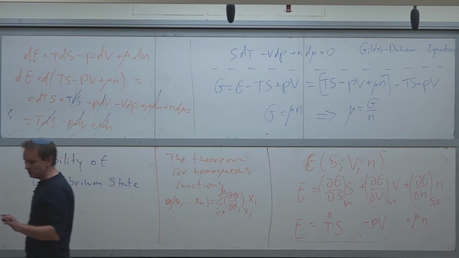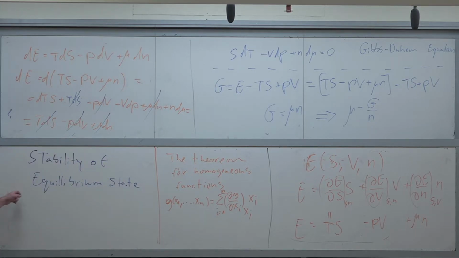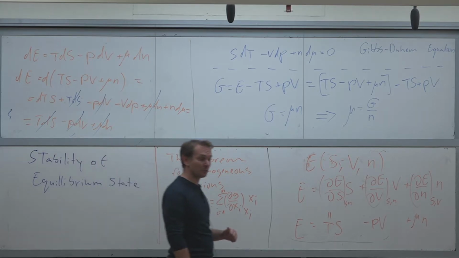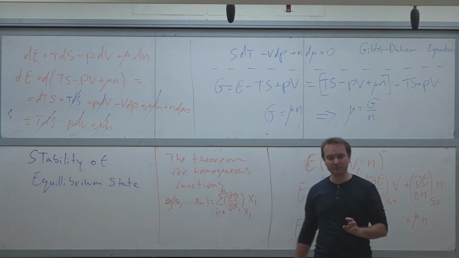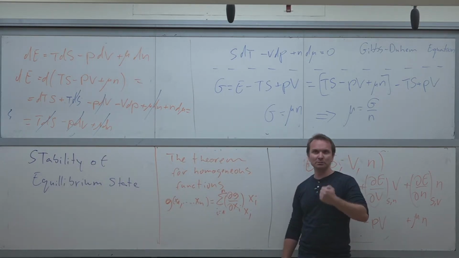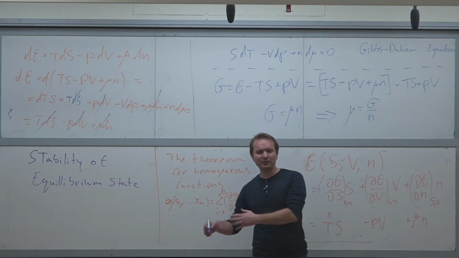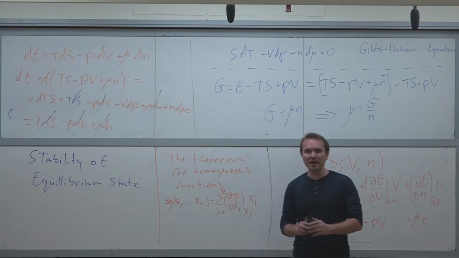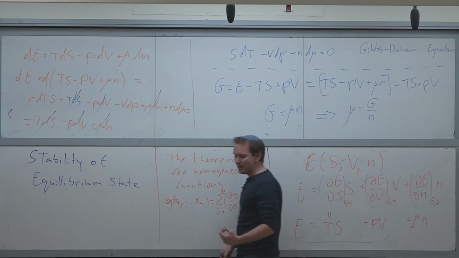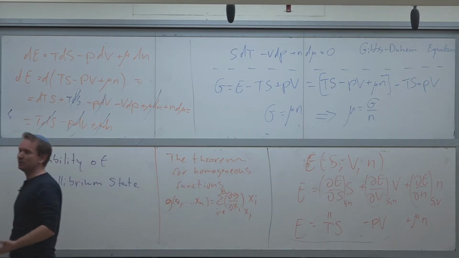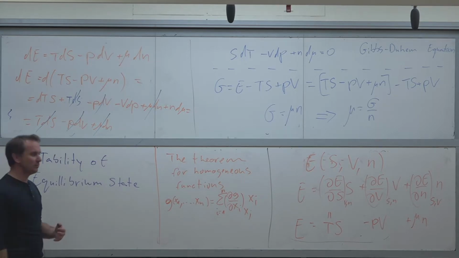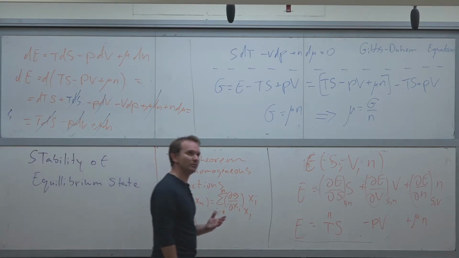The question is, what are the properties that determine the stability of the state? I reached equilibrium, but if I perturb it a little bit, will it run away to some different state, or will it return backwards? For any normal, proper physical system, I need the system to be stable.